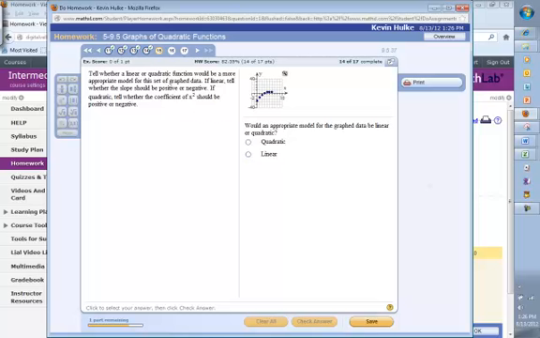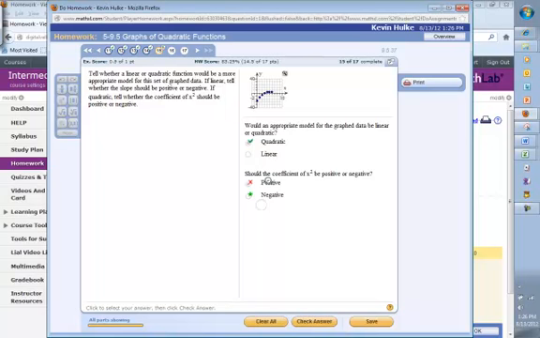Number 15. Tell whether a linear or quadratic function would be more appropriate for the model of the graphed set of data. If linear, tell whether it's positive or negative. Well, it's not going to be linear. Should the coefficient of x be positive or negative? It's opening to the right.